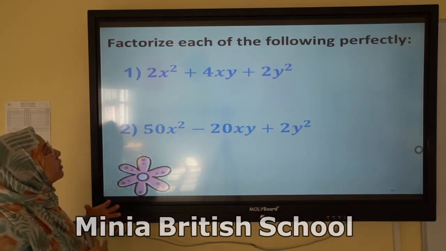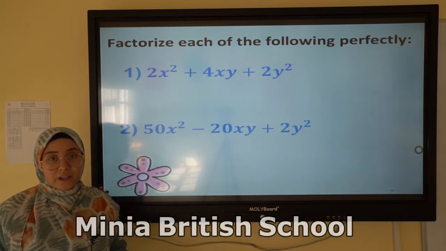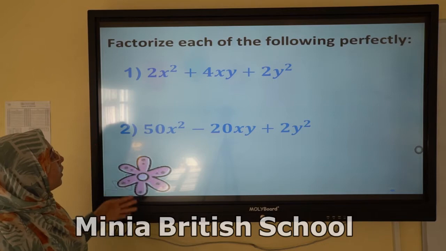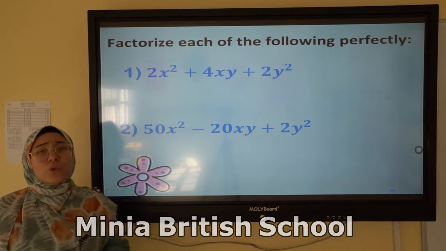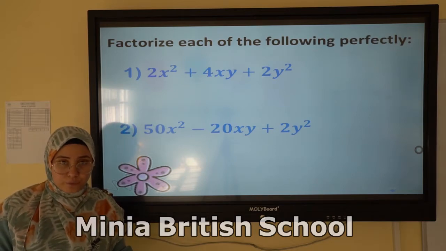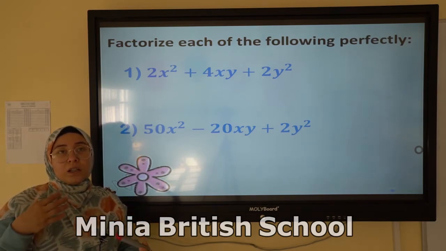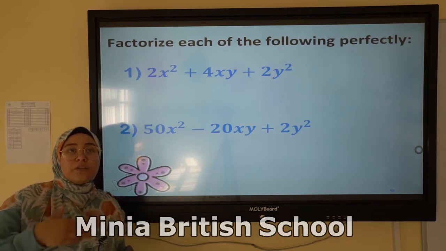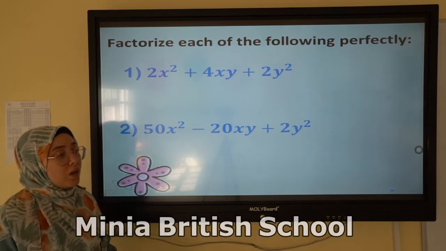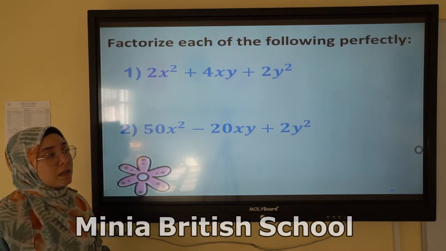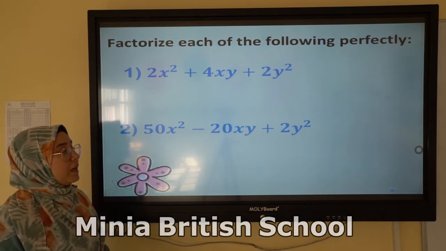Last idea here: factorize each of the following perfectly, okay? Number 1, 2x power 2 plus 4xy plus 2y power 2. In the last video, we studied how to factorize quadratic trinomials, okay? This expression consists of 3 terms also.